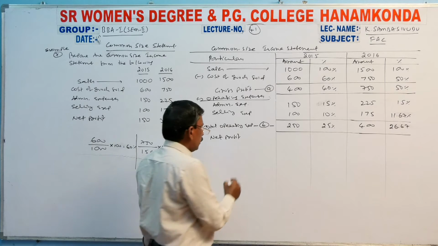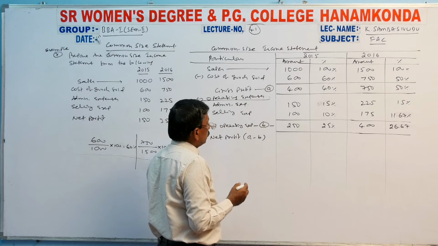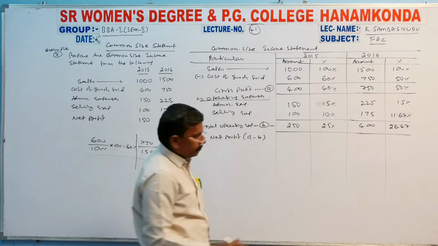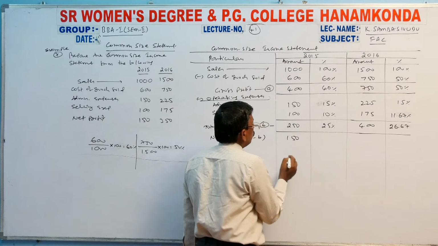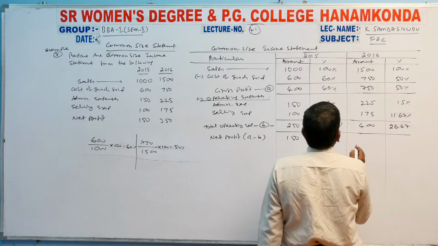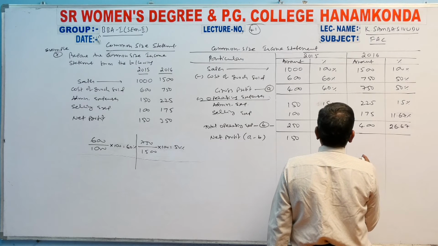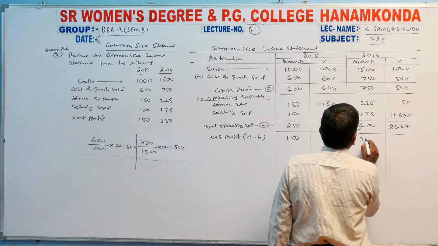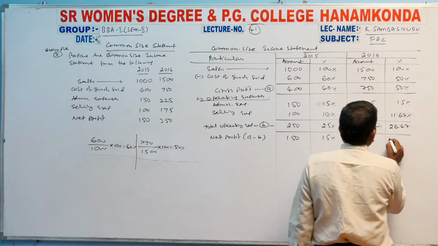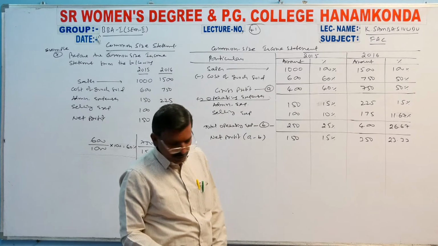Net profit or profit before tax, that is A minus B, 150, 15%, and 350, 23.2 percentage.